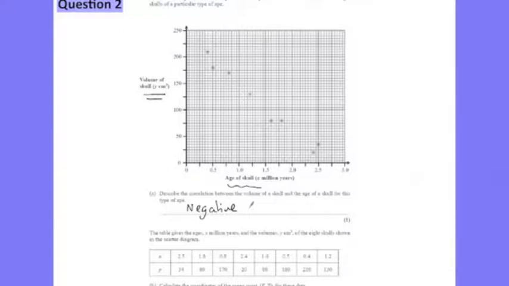The table gives ages of x million years and the volumes in y centimetre cubed of the 8 skulls shown in the scatter diagram. So this information is up here. We do not need to plot any, but this information has been provided so that we can work out the mean point for these data.